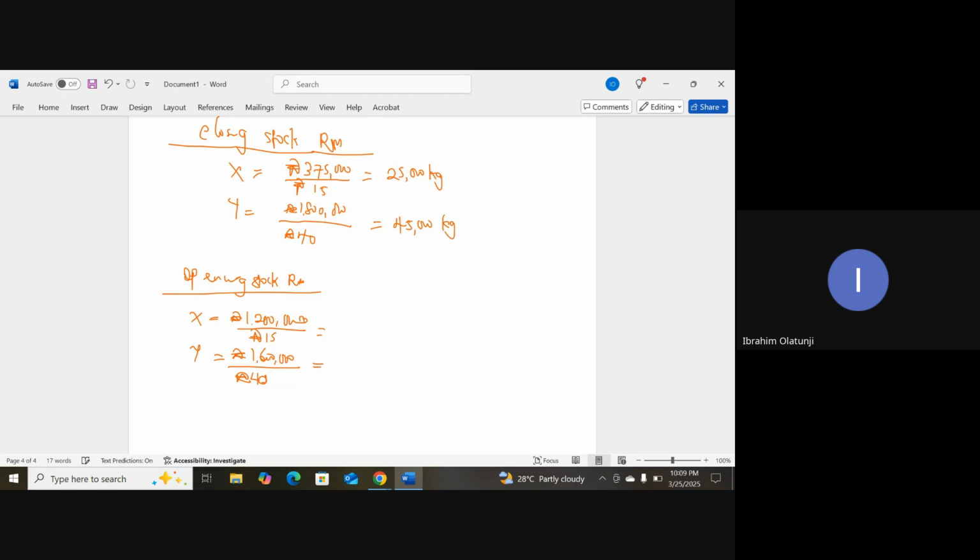What of the opening? For X, we have 80,000 kg, and for Y we have 40,000 kg.